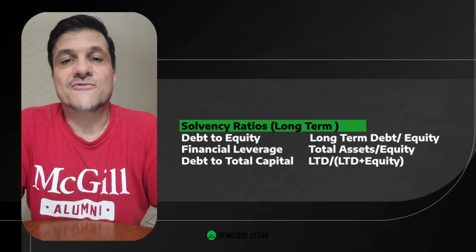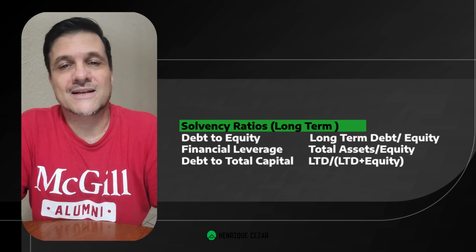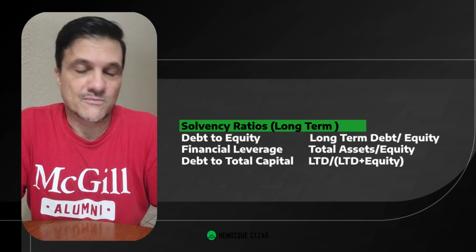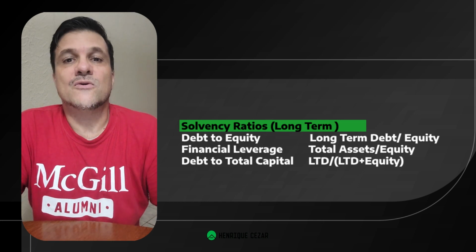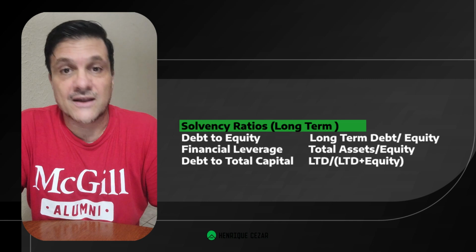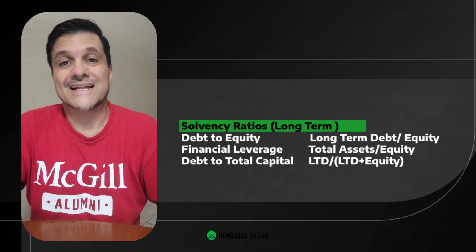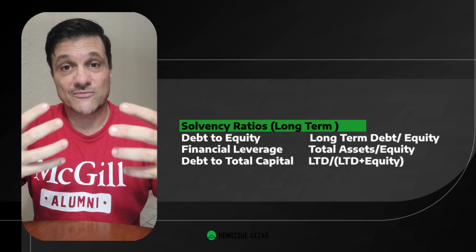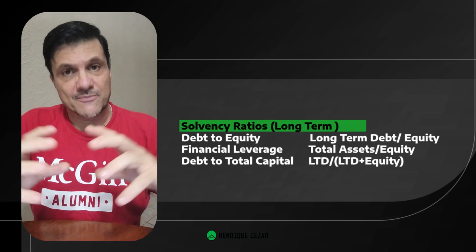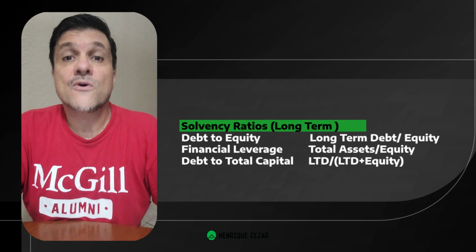Who remembers the formula of the growth rate? The sustainable growth rate, the formula that you must know: ROE times b, where b means the retention ratio. What's b? Retention. What's ROE? Return on equity. If I take the return on equity multiplied by the retention ratio, the percentage of profit that we put back in the business and do not pay as dividends, that gives you the growth of the company.